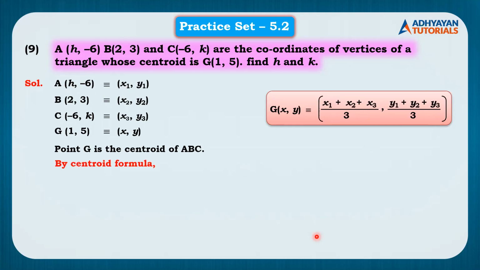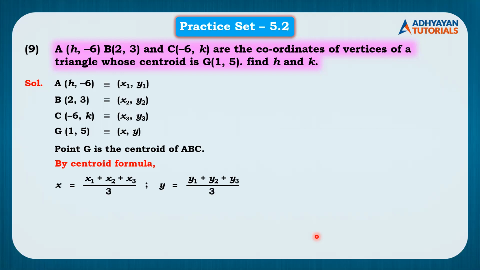So by centroid formula, x is equal to (x1 + x2 + x3)/3, y is equal to (y1 + y2 + y3)/3. So this is the formula for x and y. Now we'll substitute. What is the value for x? We can clearly see the value for x is 1. So 1 = (h + 2 + (-6))/3. x1 is h, plus x2 is 2, plus x3 is minus 6.